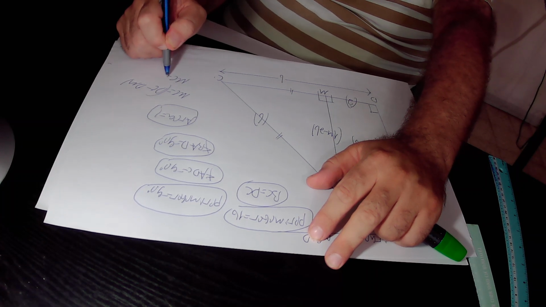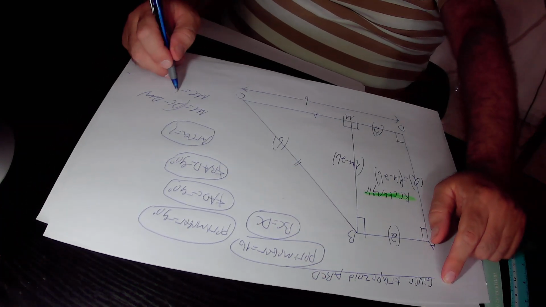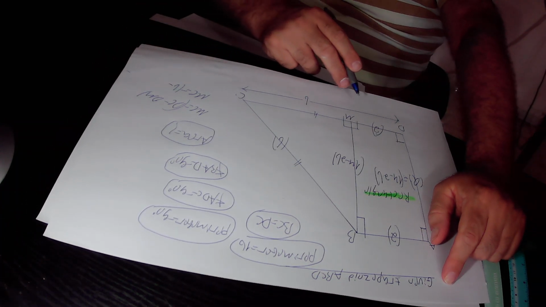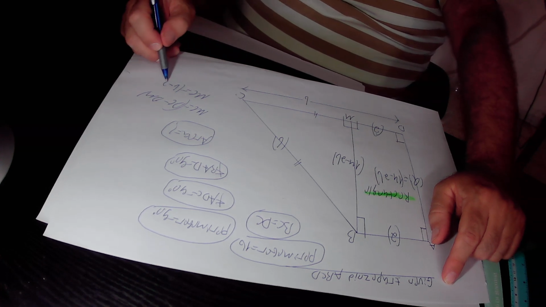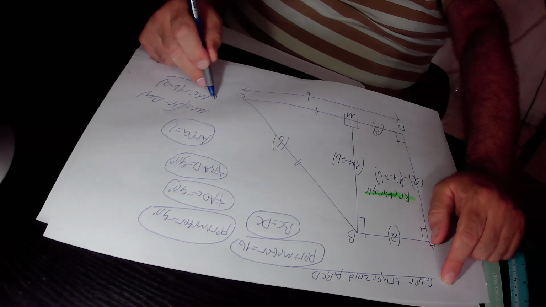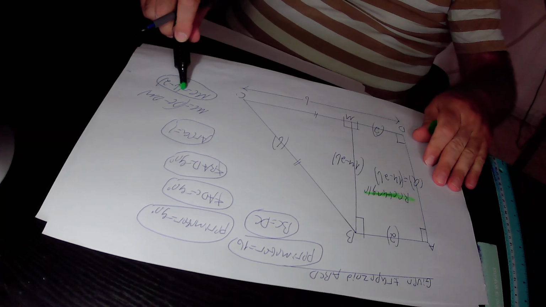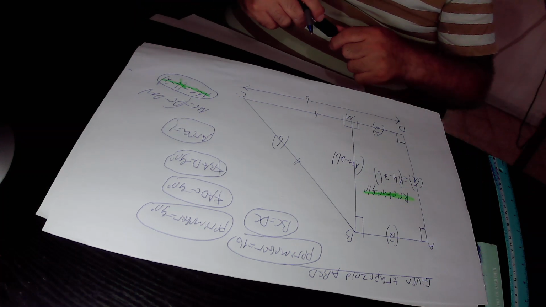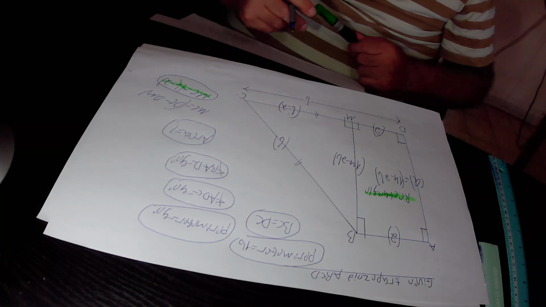So MC equals DC, DC is b, minus DM. We just found out that DM equals 2. So in total, MC equals b minus 2 units in its length.